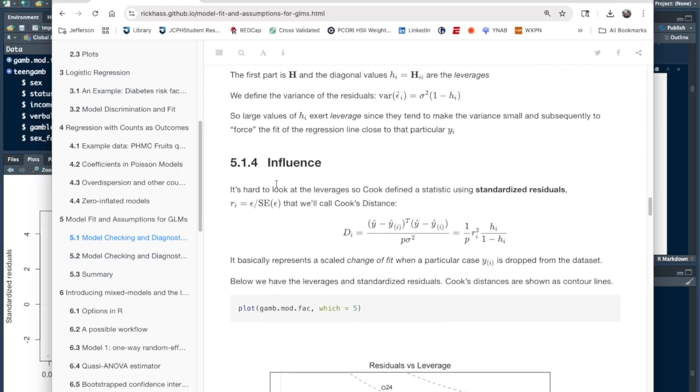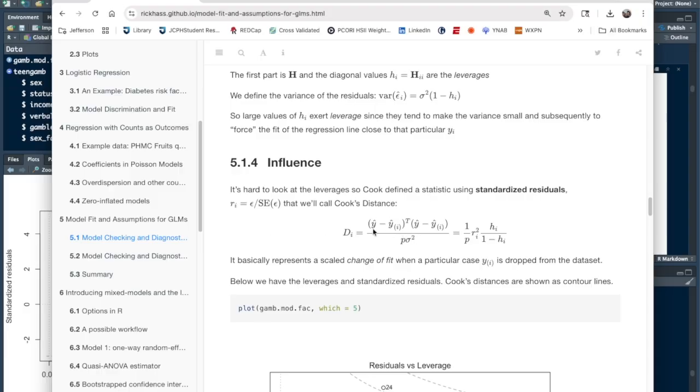Related to leverage is something called Cook's distance. Looking at a leverage value itself is not going to be particularly illuminating. So Cook and Weisberg devised a different number, which makes use of what are called standardized residuals. We just looked at those. They put the model residuals, which are on the scale of Y, in this case gambling expenditures, on a common scale.